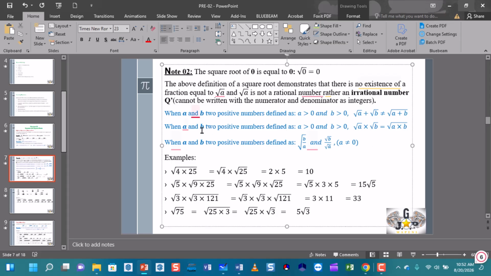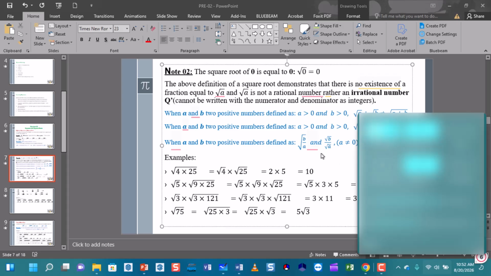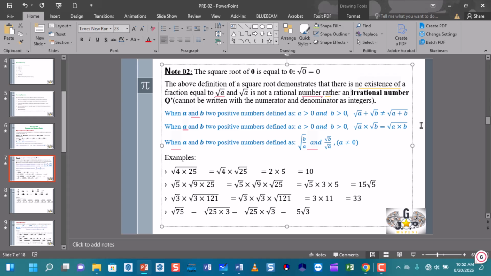So it says this, right? When a and b are two positive numbers defined as a is strictly greater than 0 and b is strictly greater than 0, square root of a plus square root of b is different from square root of a plus b. It is completely two different expressions.